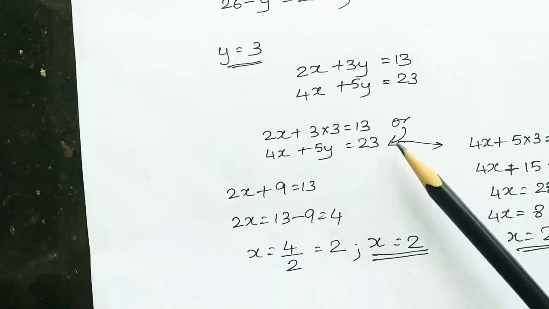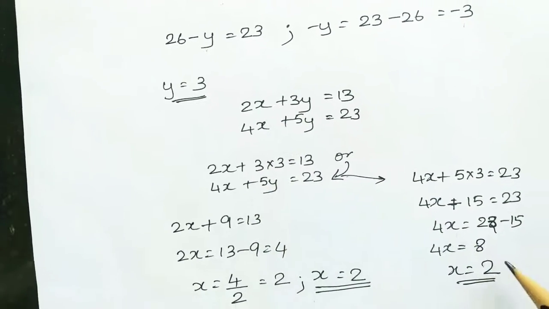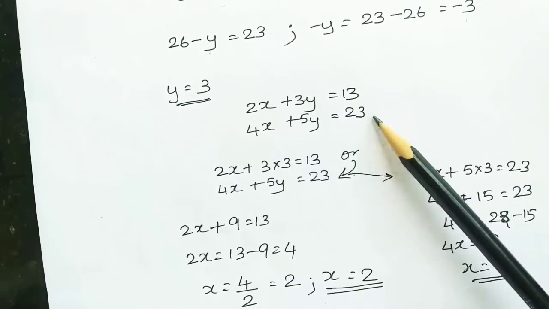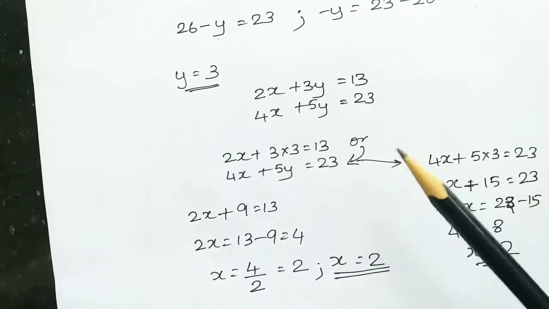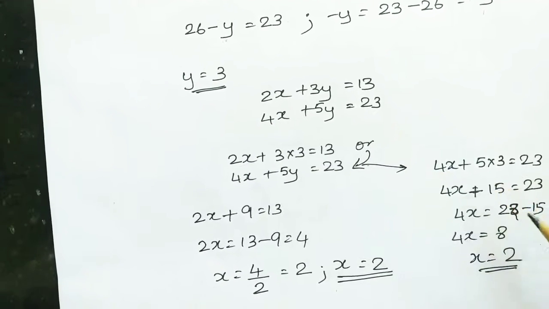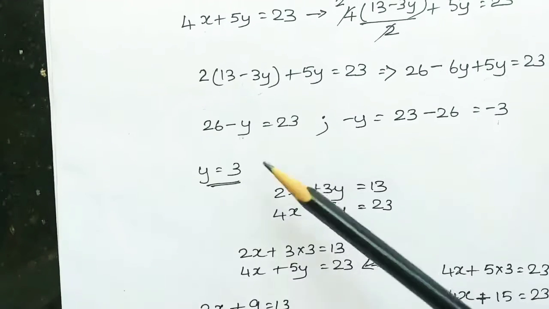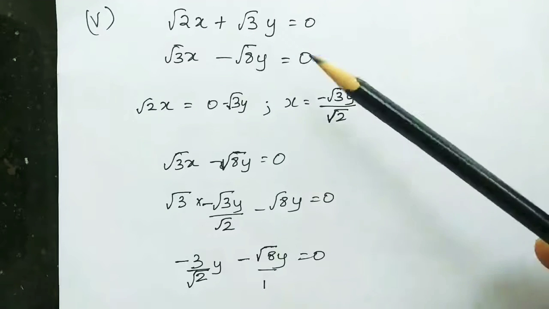And for your information, I have substituted this value in both the equations, and you can see that we get the same value of x even if you substitute in the second equation. So there is no need to substitute this value in both the equations. Just for your information. So you get the value of x as 2 and the value of y is equal to 3.